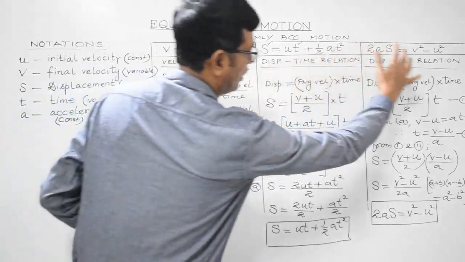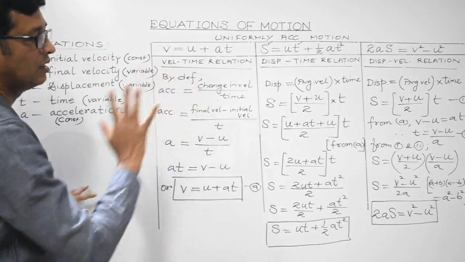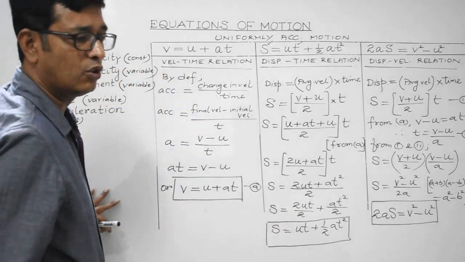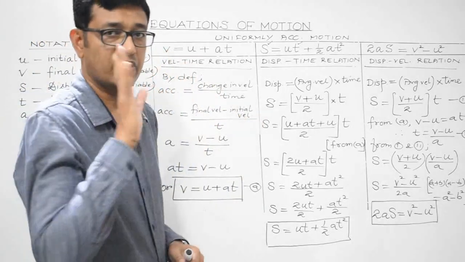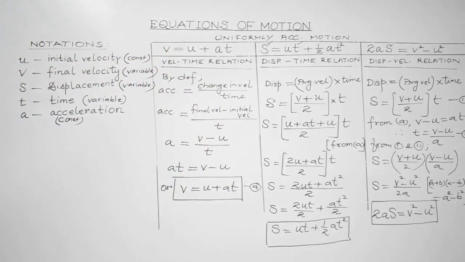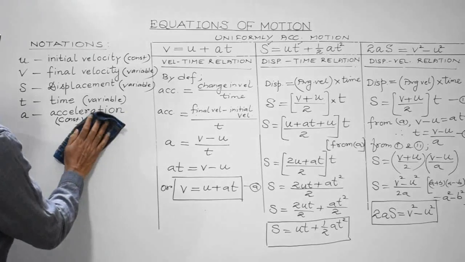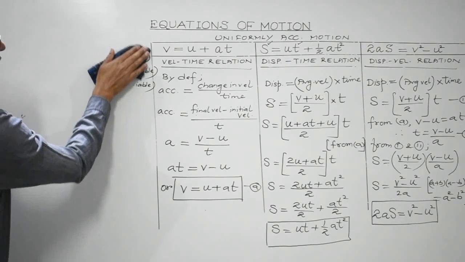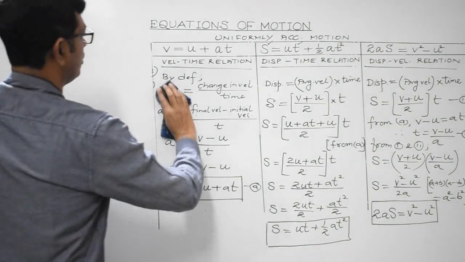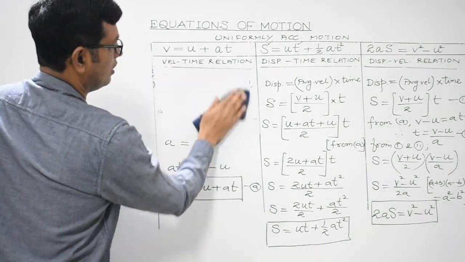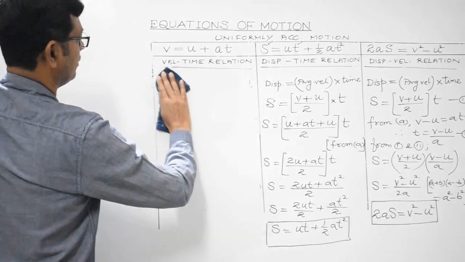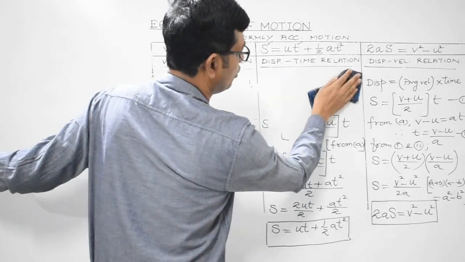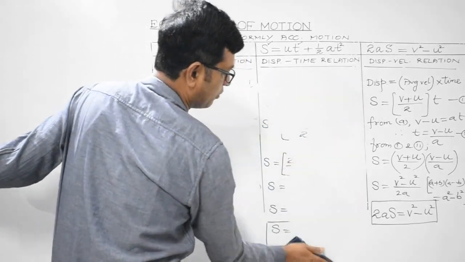So we have derived the equations of motion using the normal method. Now we will try to derive the same equations of motion graphically, right? For that we need to plot a graph, the VT graph, that is the velocity-time graph, and then we will easily be able to derive all three equations of motion.